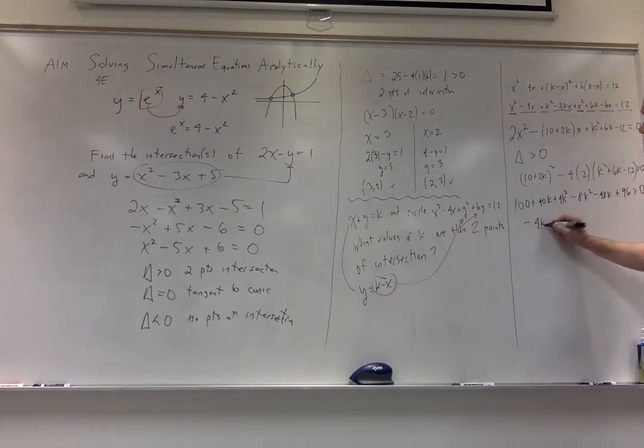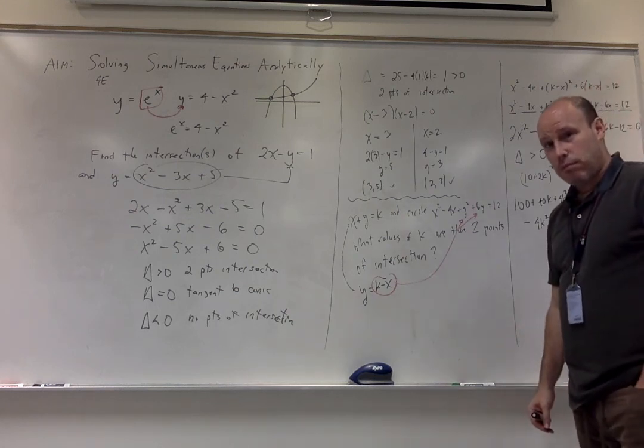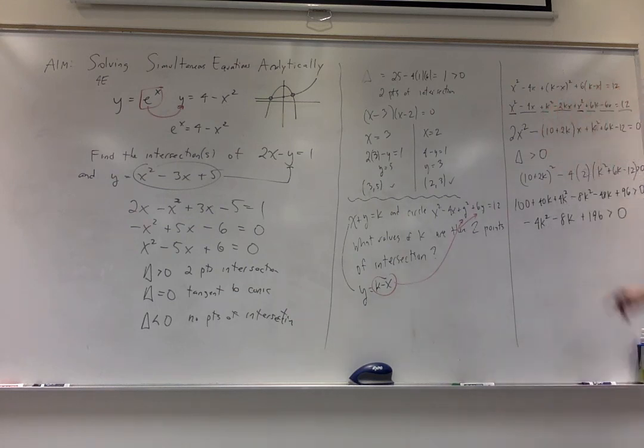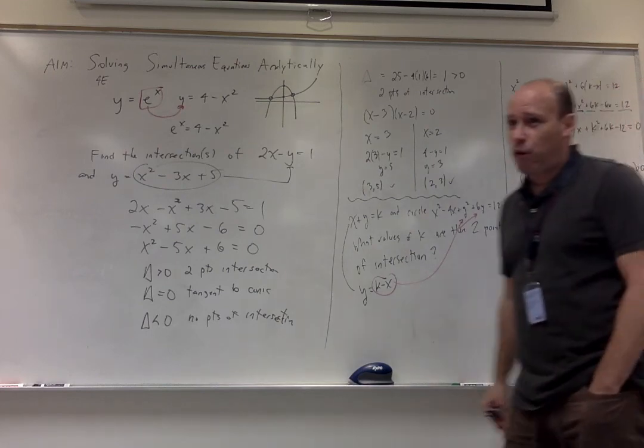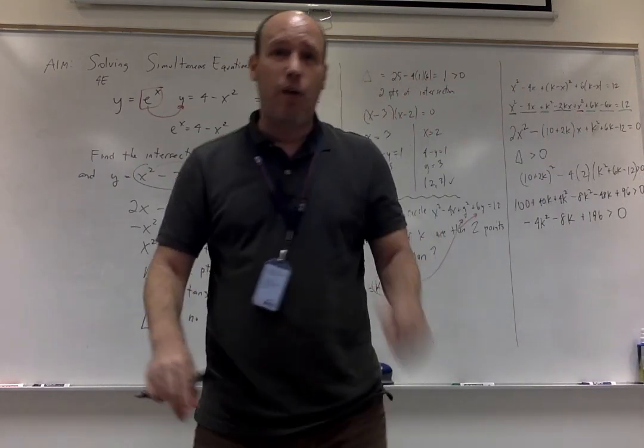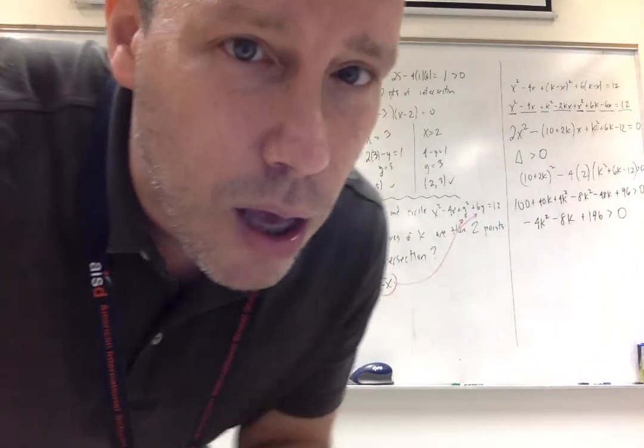Negative 4k squared minus 8k plus 196 is greater than 0. Right? Let's keep going. I'm going to multiply through by negative 4. What happens when I multiply by negative 4? You flip the inequality. Can everyone see this? Oh, you know what? I'm sorry.